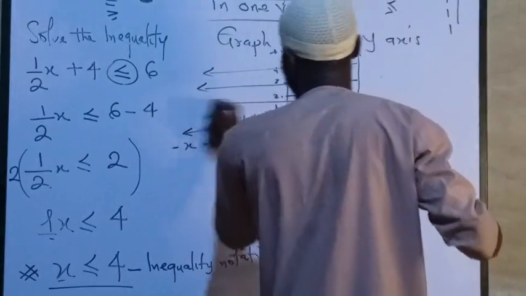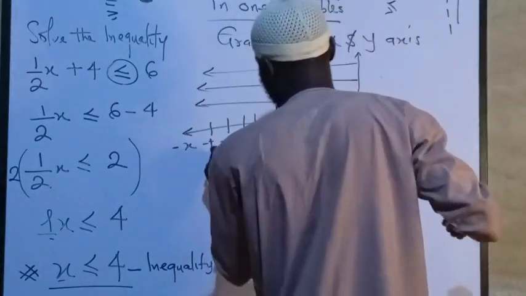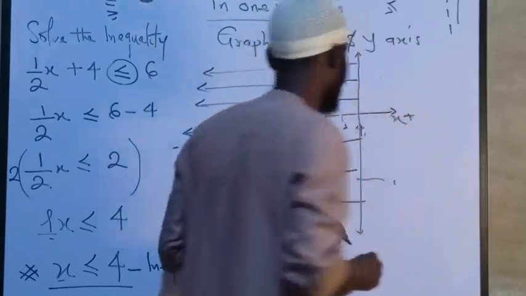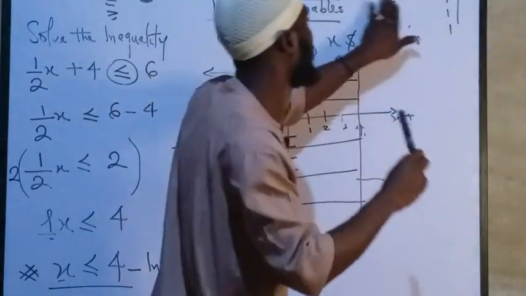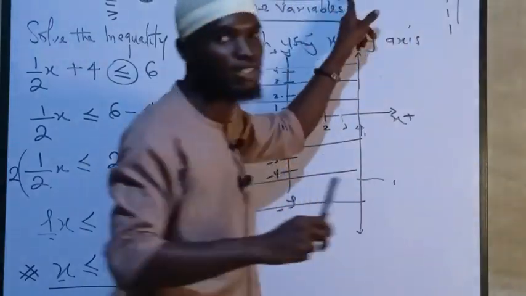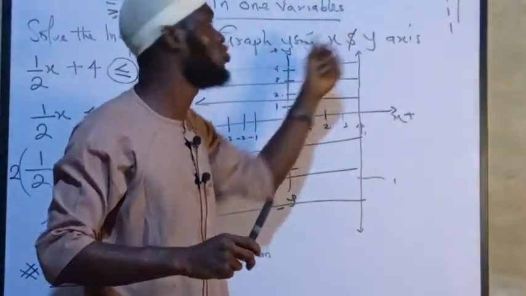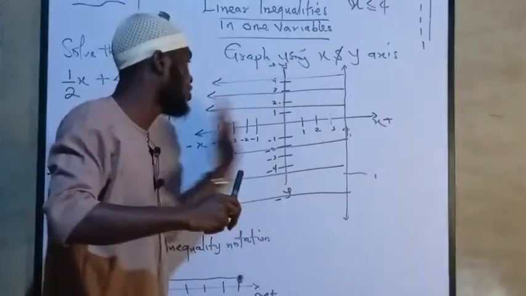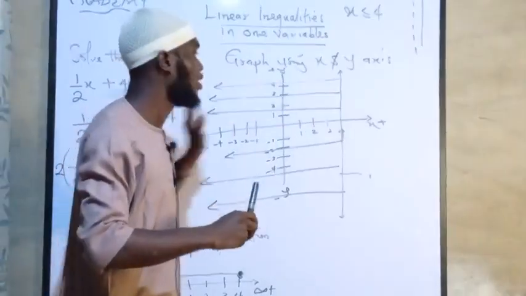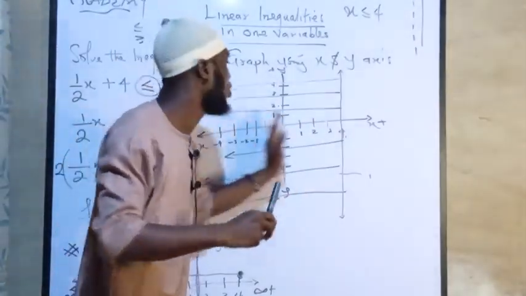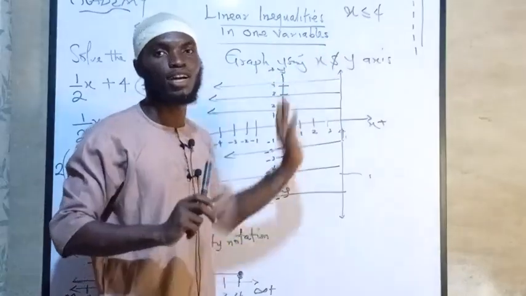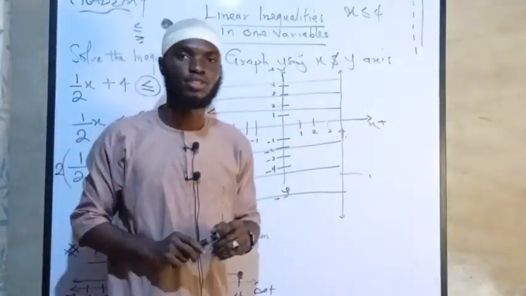So this now we have represented what? This particular answer inequality notation using the what? Using x and y axis. So all this now are also part of the answer. 4 is also part of the answer, and all this to here they are less than 4 according to this. Are we together? That is all about this.